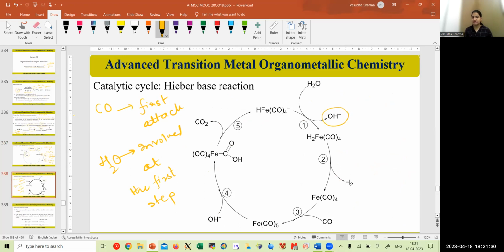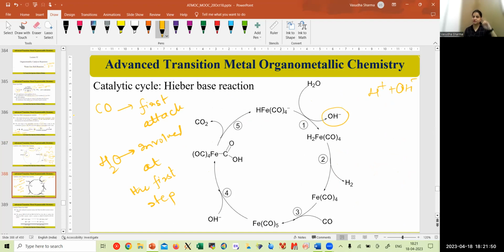Because this H negative is there, it will definitely take up the H positive from H2O, and one more H positive will come because the complex has a negative charge, which will take up the positive. Two hydrogens will be there on the iron and it will release the hydroxide.